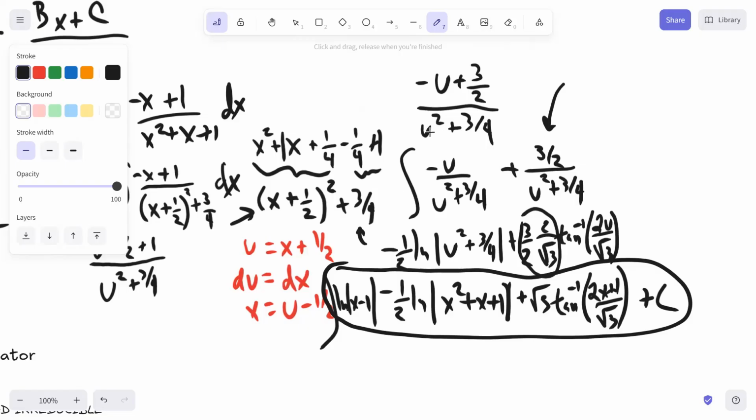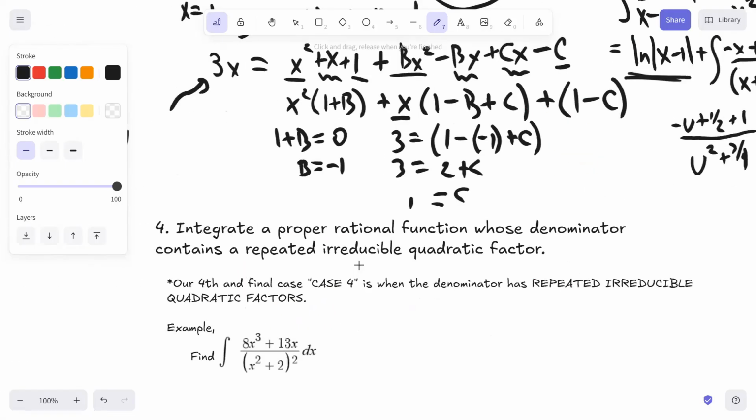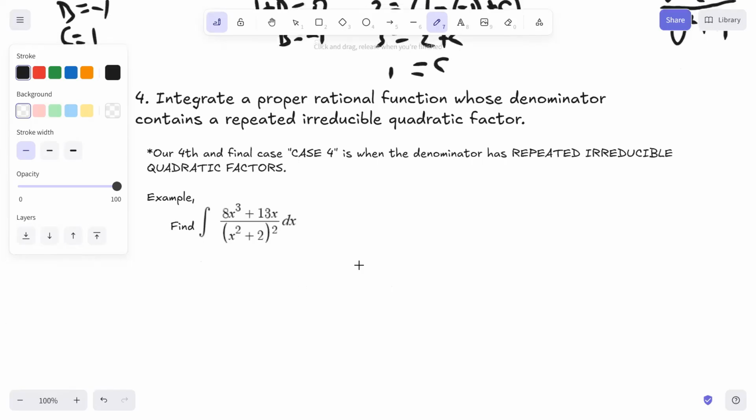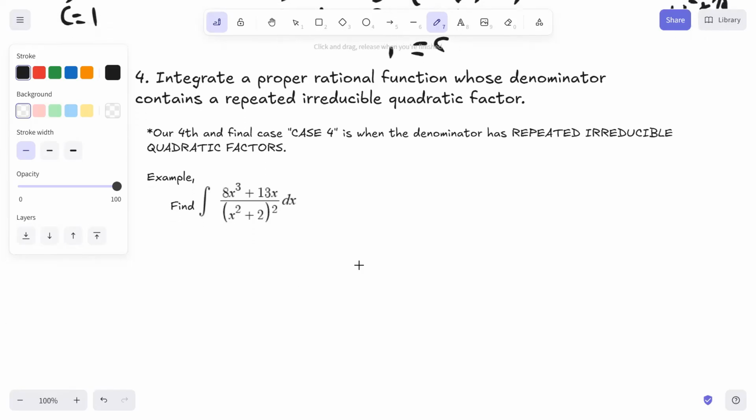Okay, the next thing we want to look at is a situation where you have a proper rational function that has repeated irreducible quadratic factors. So this is how we're going to do this one. It's the same as with linear factors, except you're repeating the quadratic form of them.